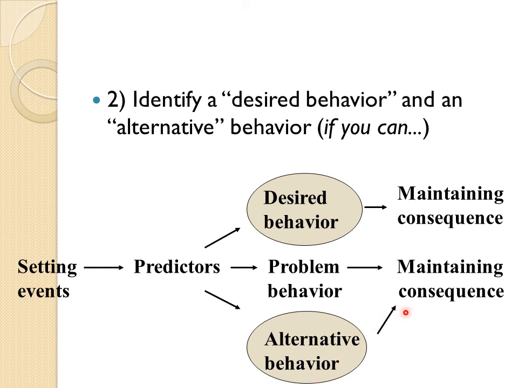That really doesn't result in escaping the task, but it might help with the difficulty of the situation, so the student can escape the aversive, difficult task. So teaching a student to ask for a break or to ask for help might be alternative behaviors. In our behavior support plan, we want to address all of those things.